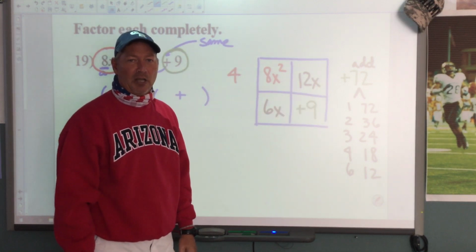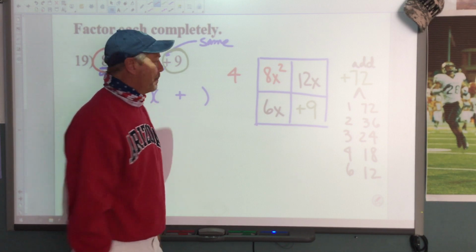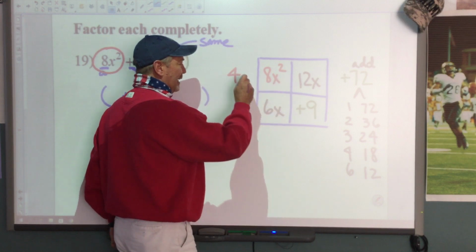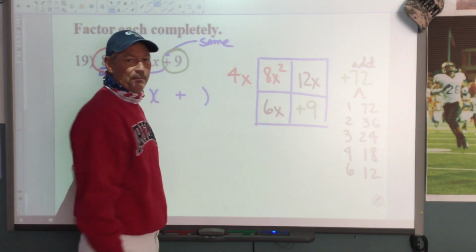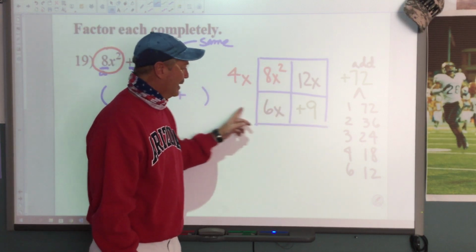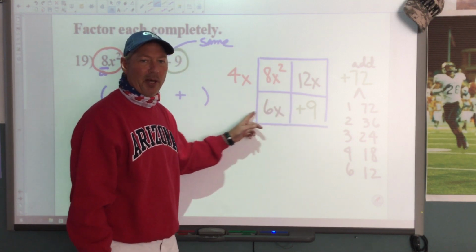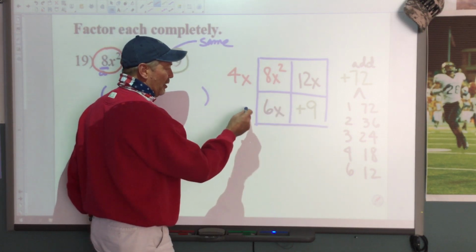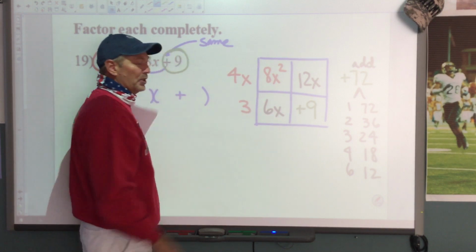4 would be your greatest common factor. It goes into both of those. Do they have a variable in common? Yes, they have an x in common. Across the bottom, is there a number in common right here? You would say yes. The number 3 goes into both of those.